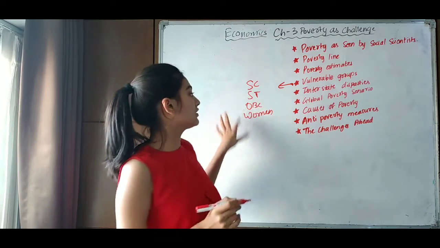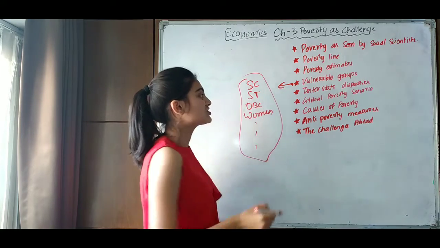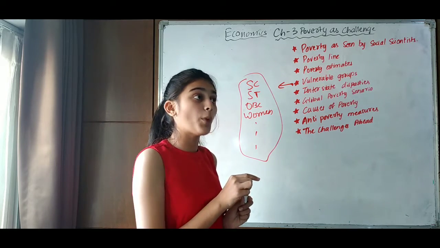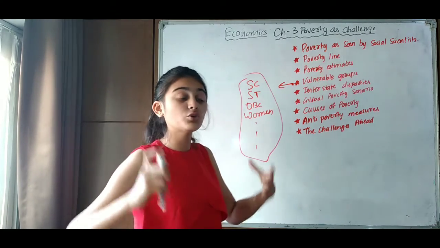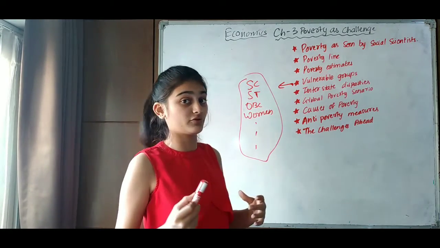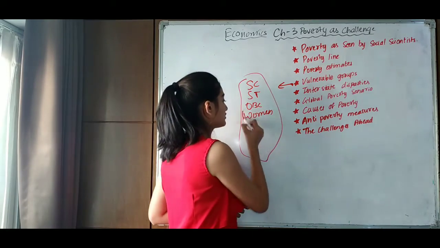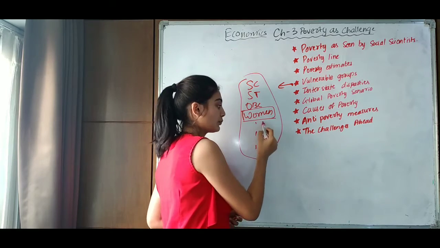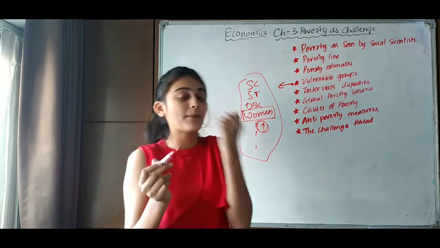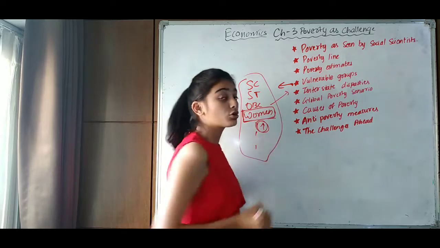These are the groups deprived of all the facilities and opportunities. Not the main cause of poverty, but they are the poorer ones. In India nowadays, the situation for women is improving, as women are making themselves capable day by day, but even then women are considered among the vulnerable groups.